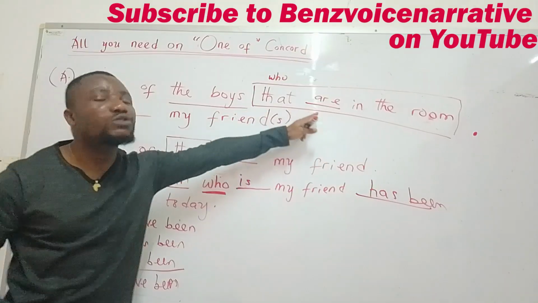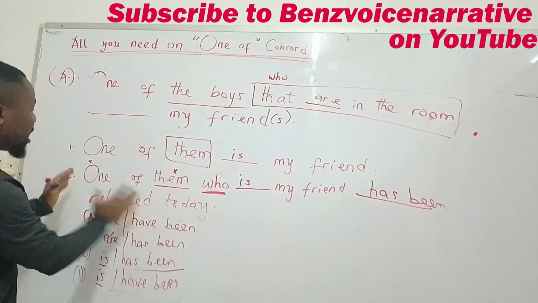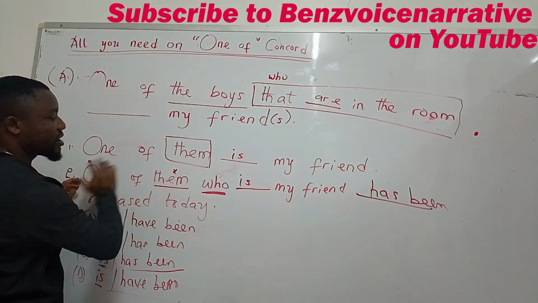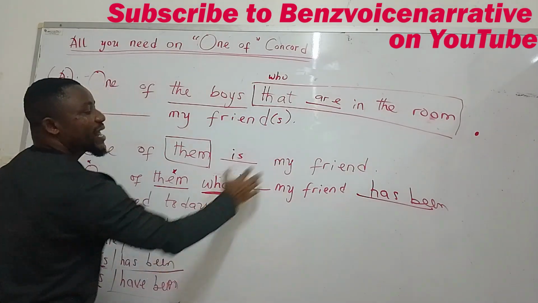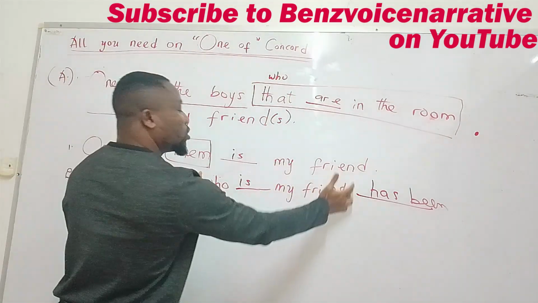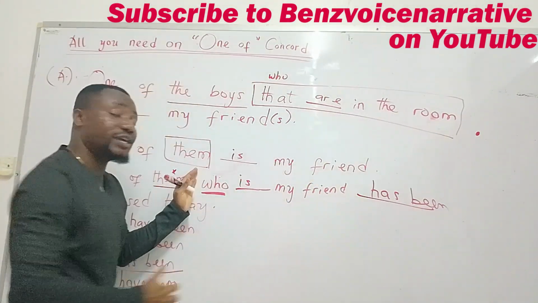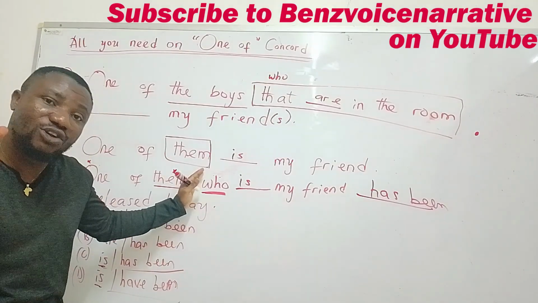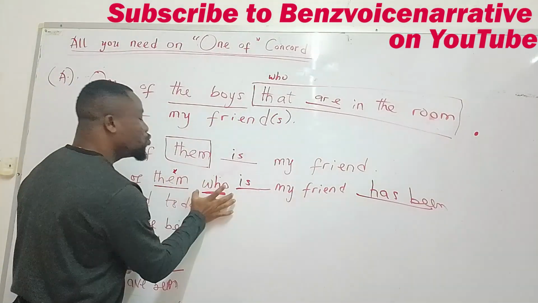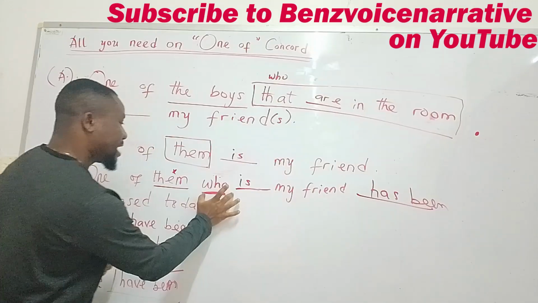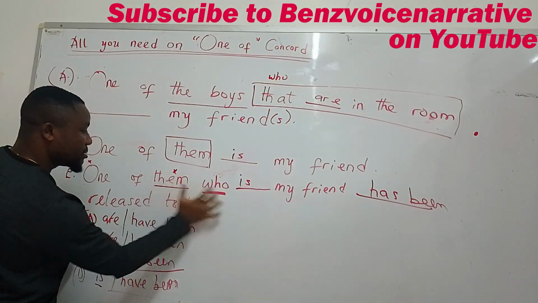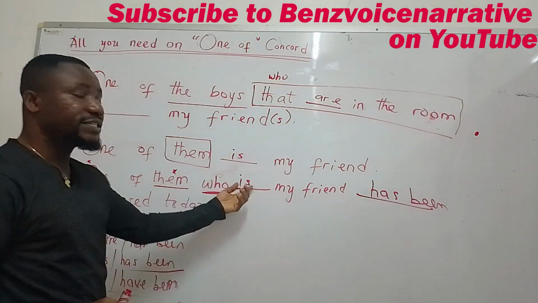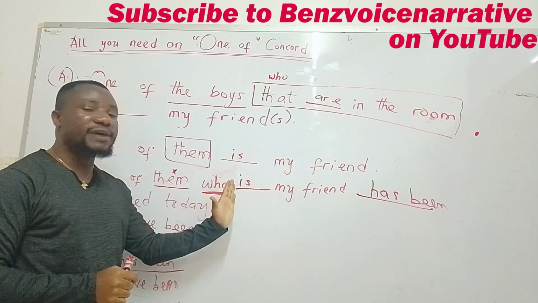This is constant. But when it comes to a structure where you have one of them and then who is my friend, this of course is a qualifier. The qualifier here is also a clause, but the difference is that "who", in this case, has nothing to do with this, but with this, which is why this is the right answer.